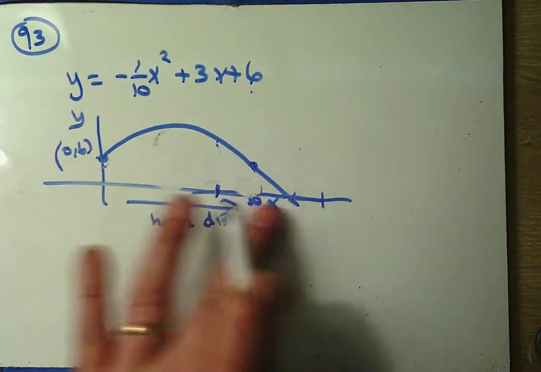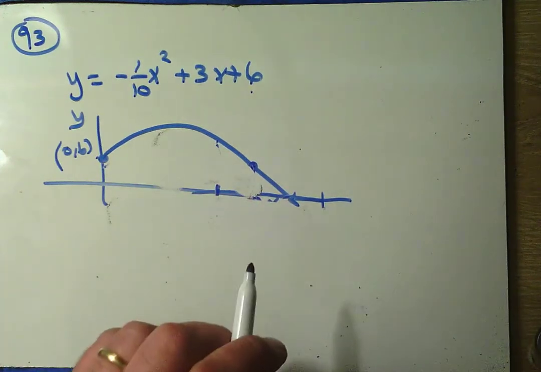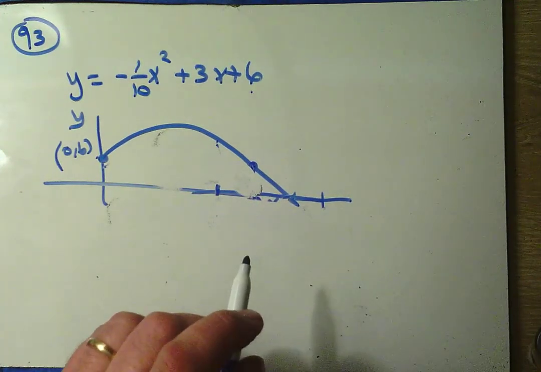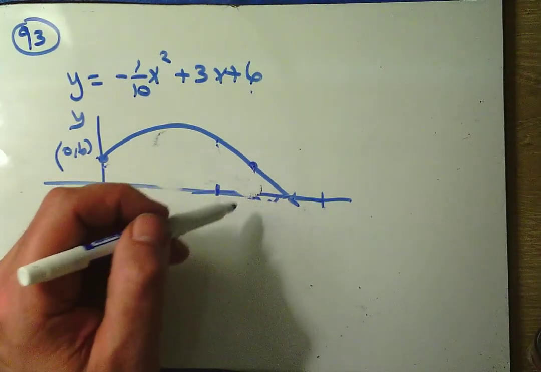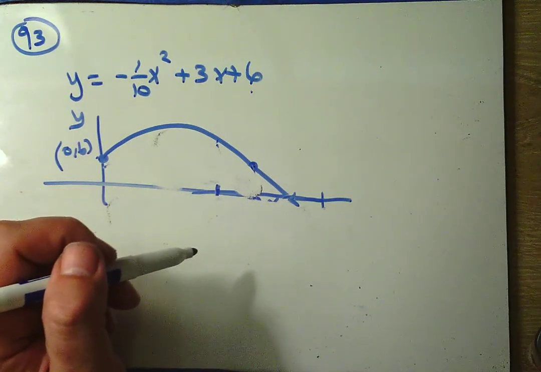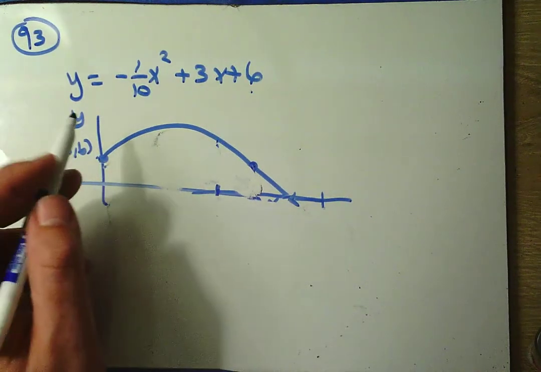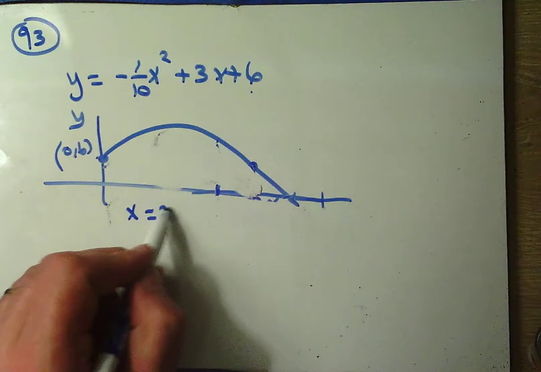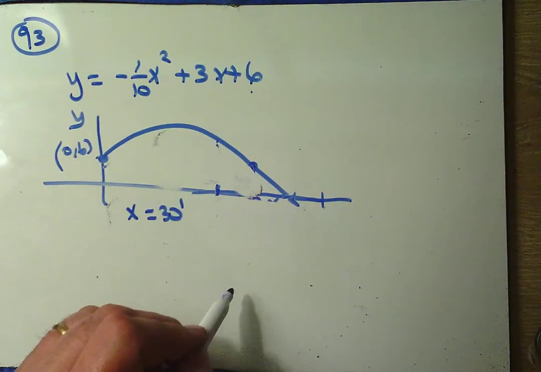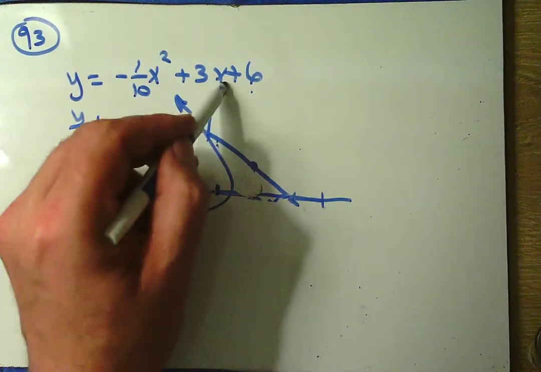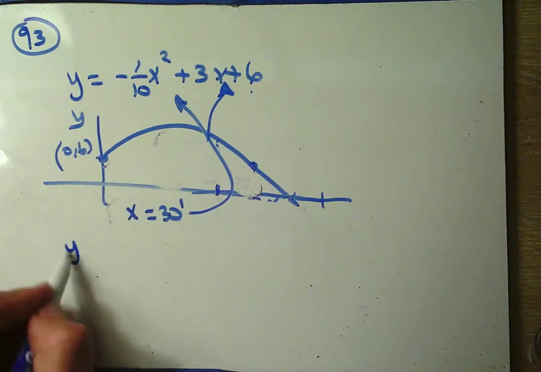Okay. I've got a down pointing parabola. They want to know, will the child who's 5 feet tall be able to catch this ball when the ball is 30 feet away? If the ball is 30 feet away, we know that x equals 30. So let's plug 30 in for these x's and see what we get.